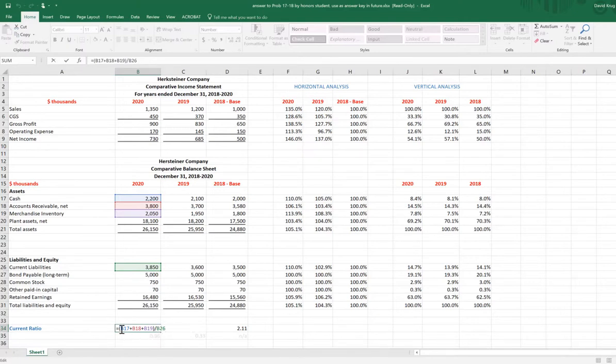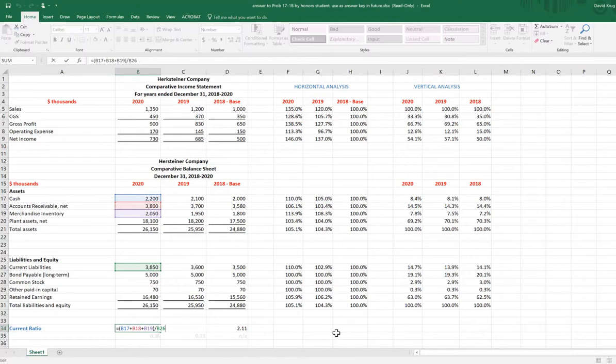Now, this is important. You need to understand how parentheses work. What this is saying, this should be basic math, is we want you to add those 3 things in the parentheses and then take that answer divided by B26.